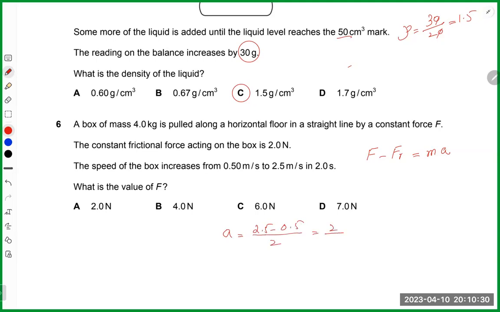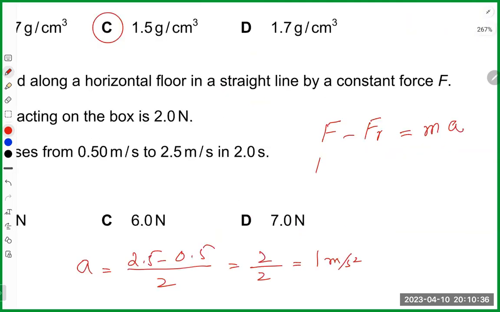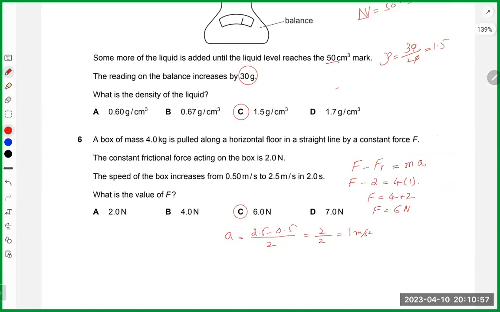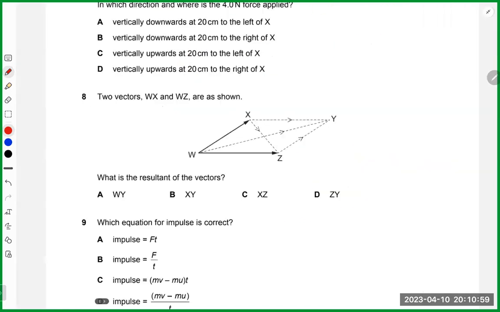So 2 divided by 2, 1 meter per second square. Now put values over here. F minus 2 equals the mass, 4, into 1. So F equals 4 plus 2. F equals 6 newtons. So answer will be C.